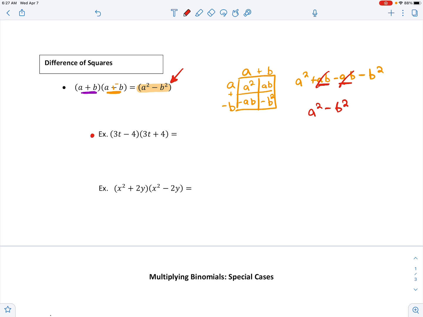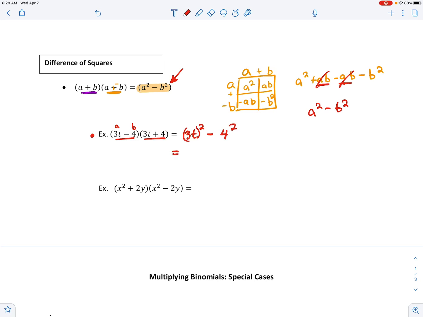So in our first example, we have 3t minus 4 times 3t plus 4. We could use this formula by saying 3t squared minus, so our a is 3t, our b is 4. So then this would be 4 squared.